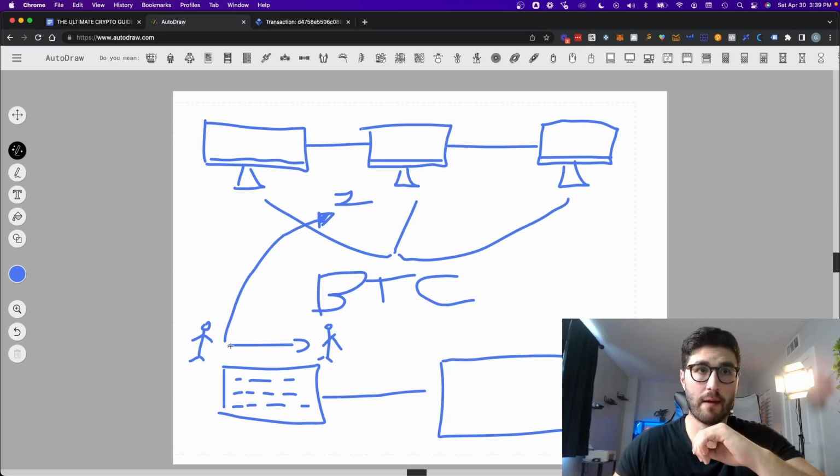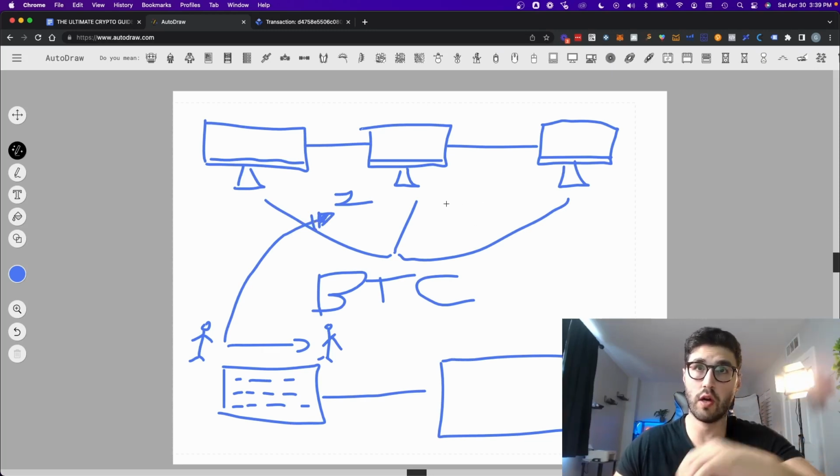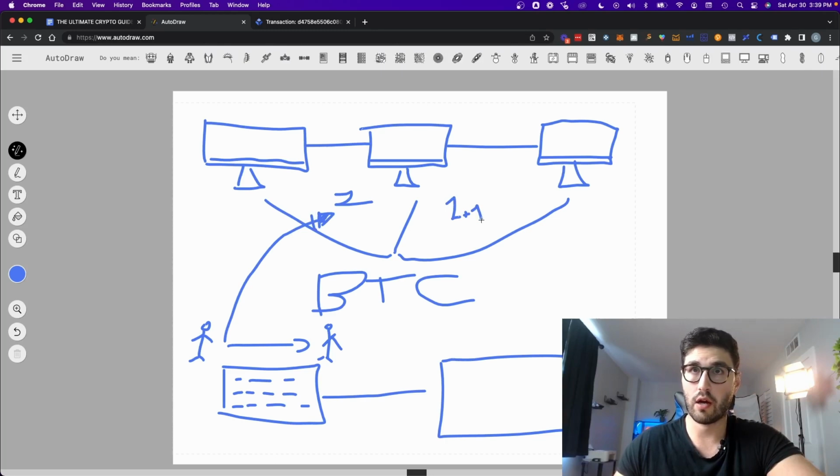In order to do that, basically all these computers, which are controlled by miners, which have very, very high computational power, will solve all this complex mathematical equation to make sure that the transaction I'm sending is valid.